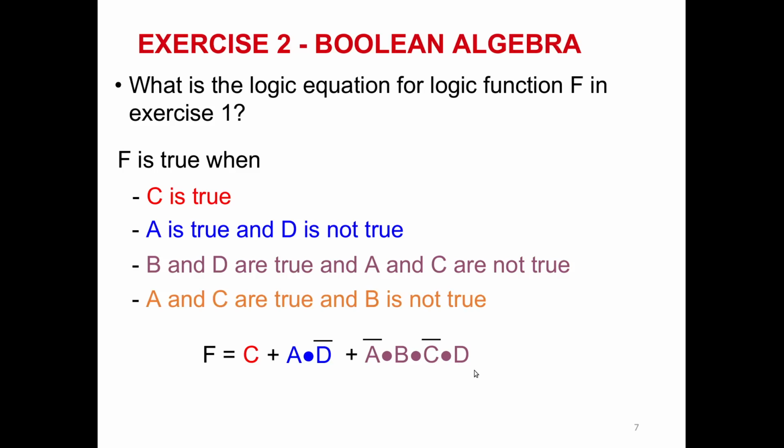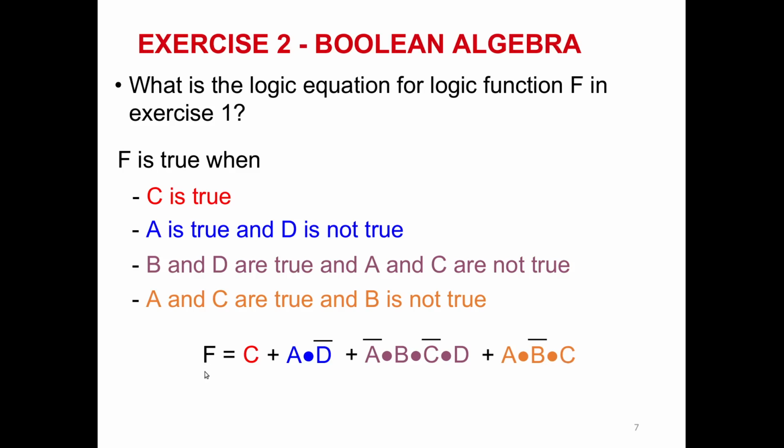And the last condition is f is true when a and c are true and b is not true, which means that a and c will be 1 and b is 0, making f true. So it adds one more part, that is a and not b and c.